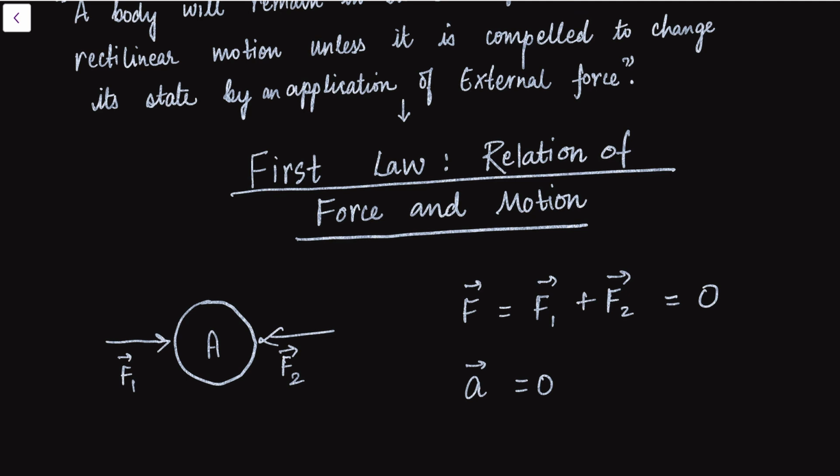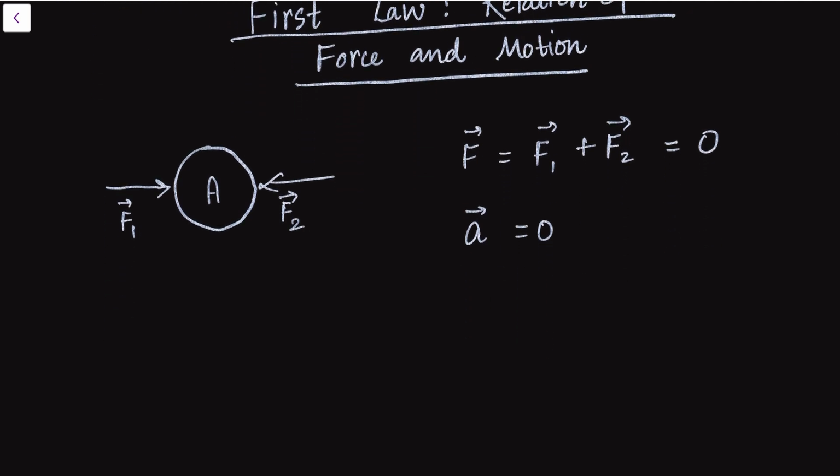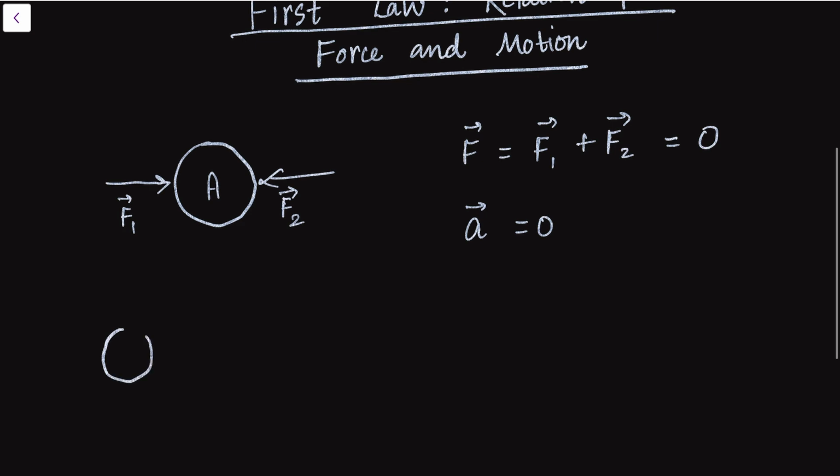Now, there is another way to look at this situation. If no external force acts on a system, the state of the system does not change. For example, assume that we have two masses, m1 and m2, having the same value. Now, m1 is applying force in this direction and m2 is applying force in the opposite direction to m1.